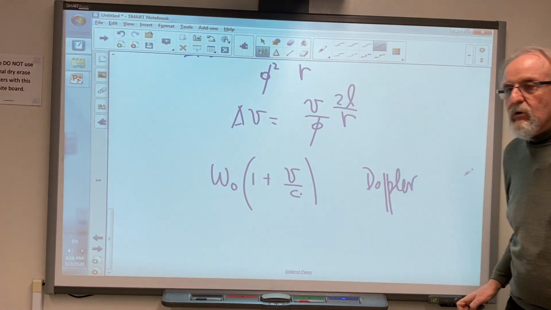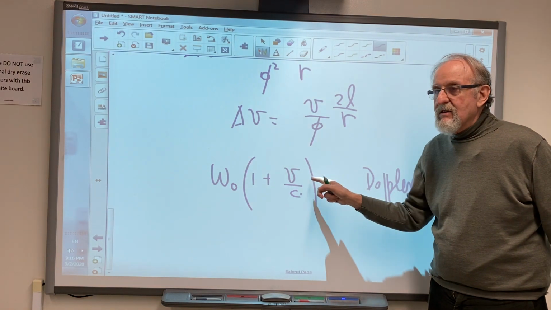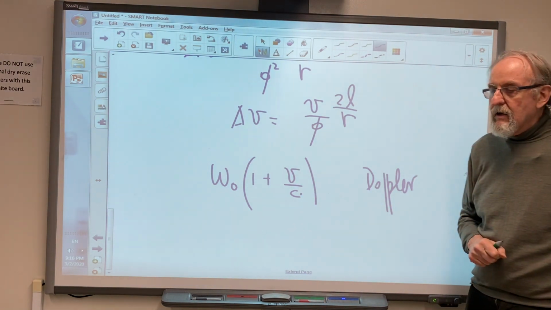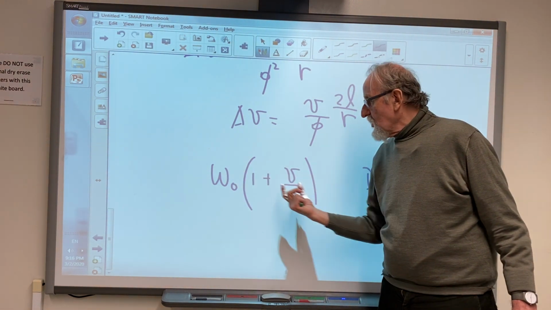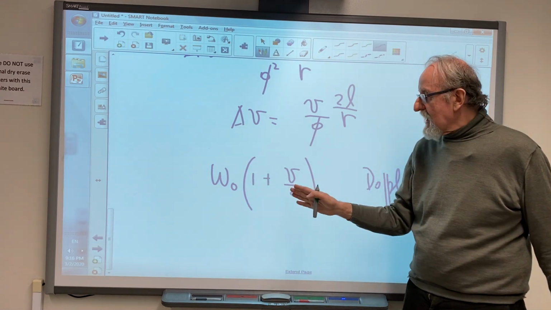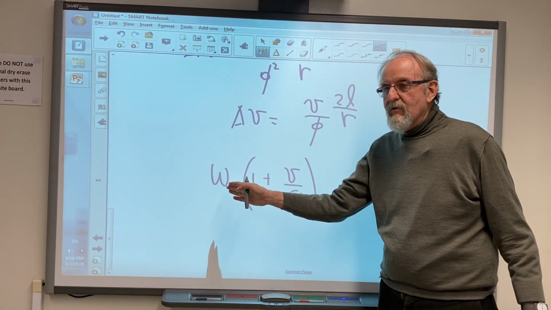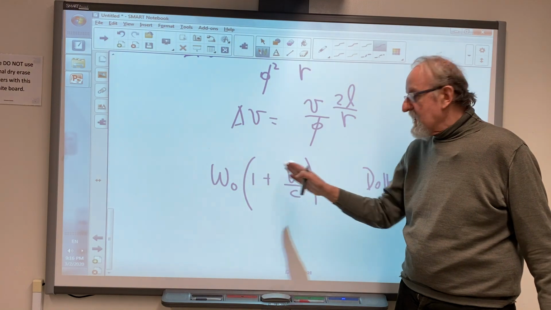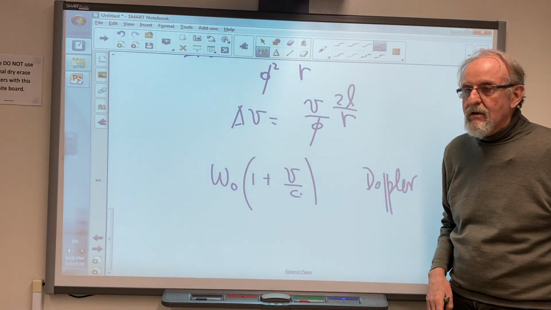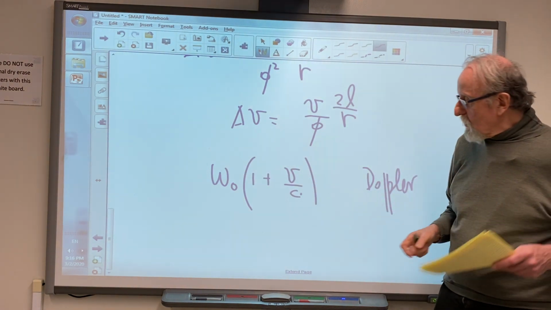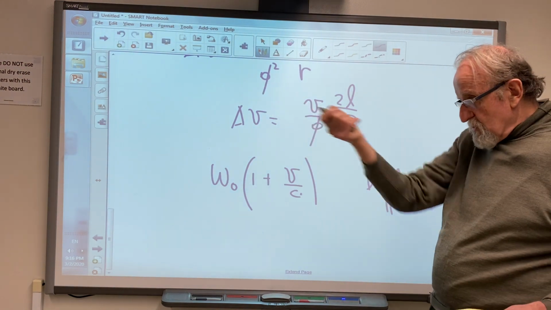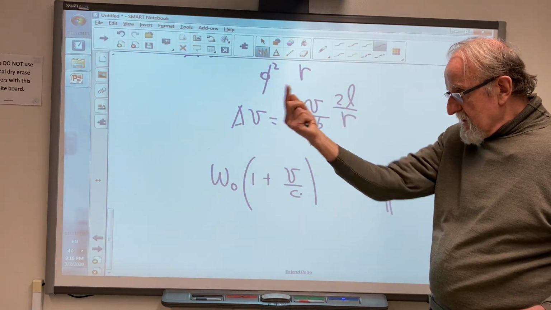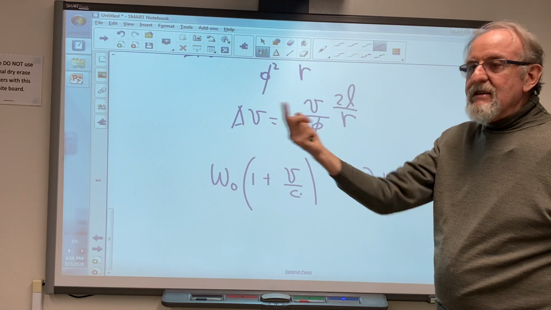So if the molecules that are emitting have a certain variability in v, that will show up as a broadening of the line, because now the molecules will not all emit at omega 0, they will emit at omega 0 plus or minus something.